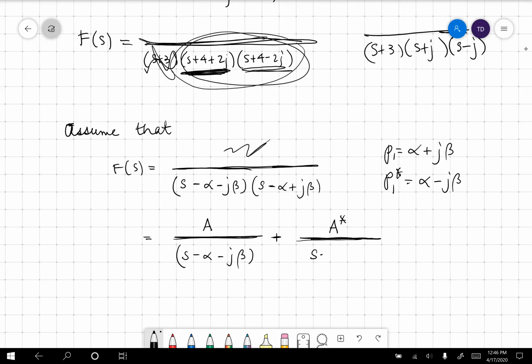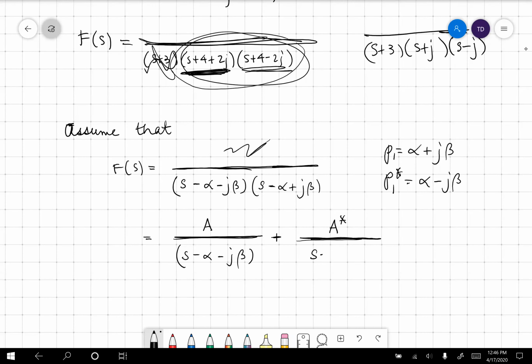One of the things I'm going to point out to you, because there are a couple of different ways to work with complex numbers, is this one: I put the A, not the A conjugate, over the term, most important, the one with the minus j term. A over the term with the negative j. Remember that. We know that the coefficients of the polynomial F of s are real, so that's why A and A conjugate will turn out to be conjugates of each other.